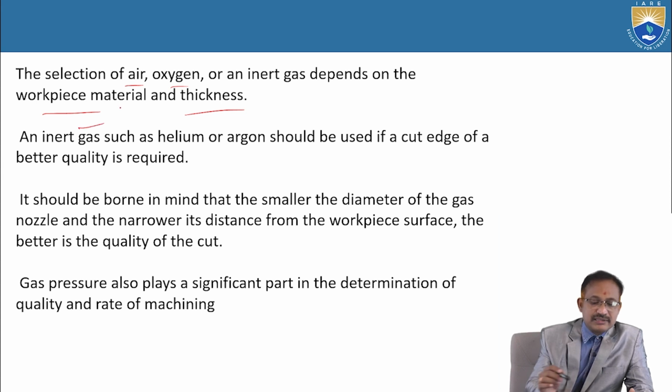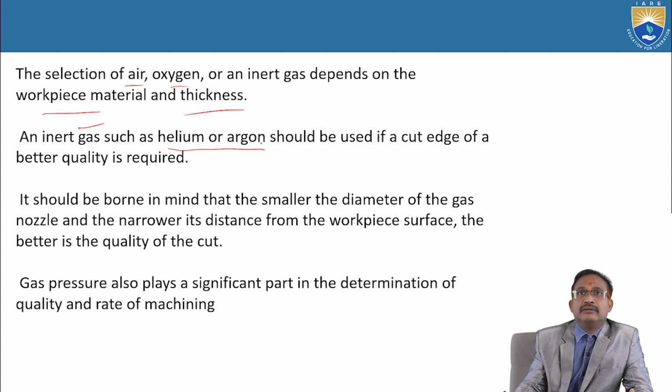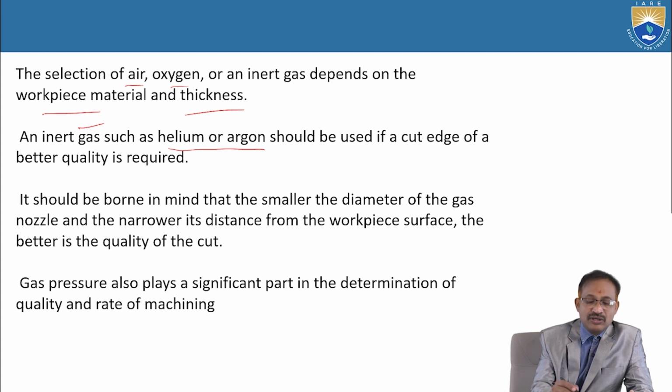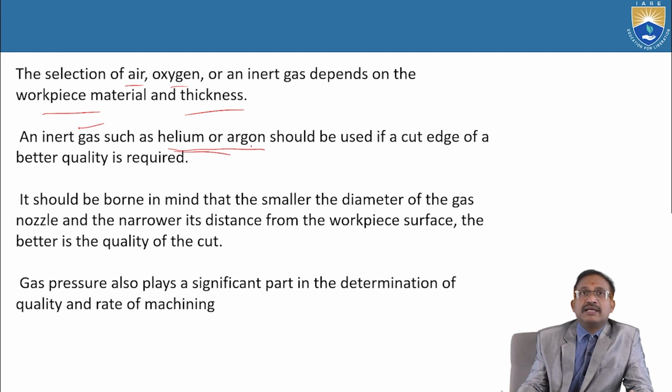An inert gas such as helium or argon should be used if a cut edge of better quality is required. So basically, inert gas such as helium or argon can be used for better quality of the hole.